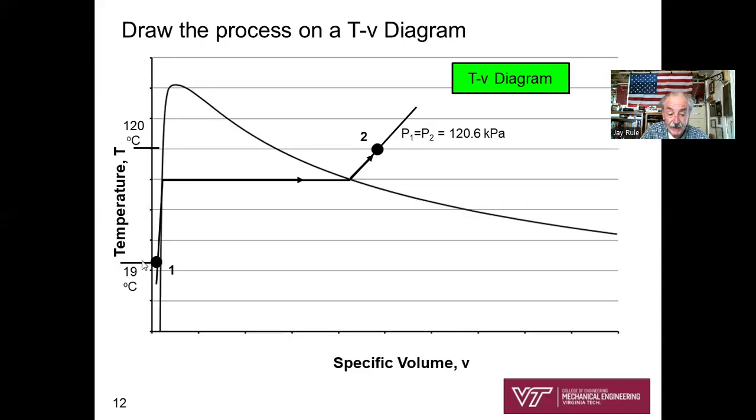I'm going to start at 19 degrees C on temperature, in compressed liquid. I'm going to follow a line of constant pressure all the way up into the superheated zone where my temperature is 120 C. And there I am, and I've labeled my isobar 120.6 kPa. So if I were assigned to draw the Tv diagram in my class, boom, I'd put that down. If I weren't assigned to it, I wouldn't draw this. But by golly, I would draw the PV diagram so I can visualize the work.